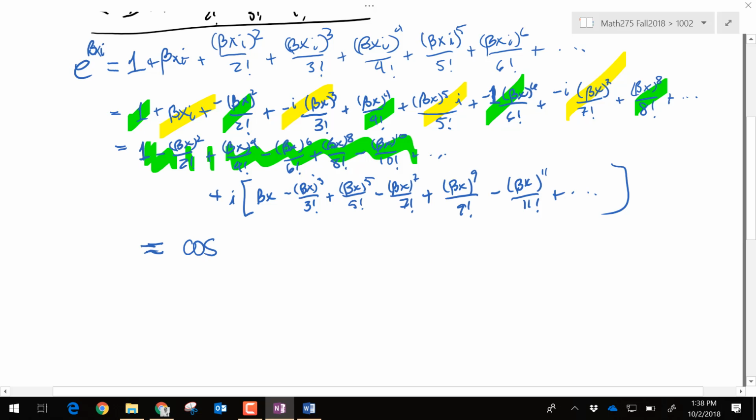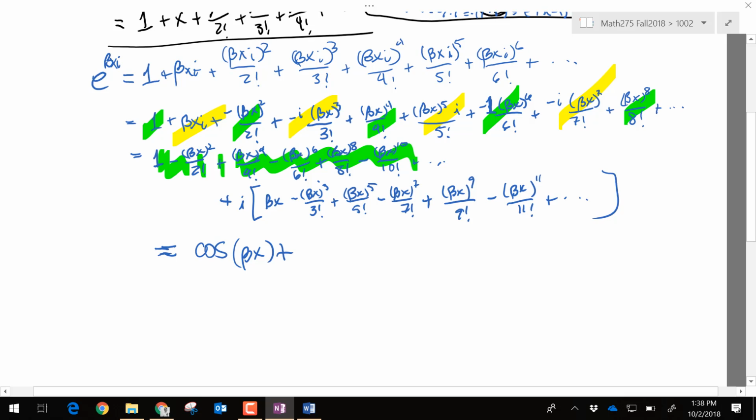The things that are being raised to the power is beta x. So that whole first thing, highlighted in the green, it's just the cosine of beta x series. It goes on forever. We've found the pattern, alternating series, all even powers. So this fits the cosine. The next one, remember that there's an i in front. i is a complex number, and it's just a constant.